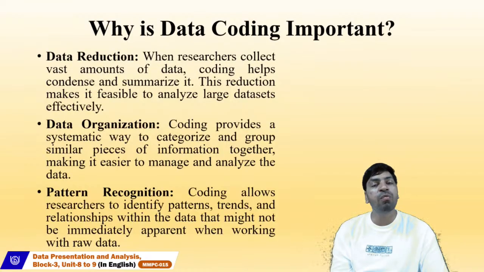Coding allows the researcher to identify the patterns, trends, and relationships within the data which may not be immediately apparent when working with the raw data. So through data coding, the researcher can easily identify relationships, trends, and patterns which cannot be identified with the raw data.